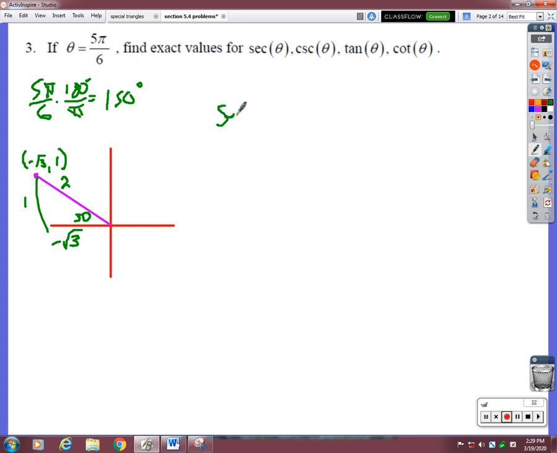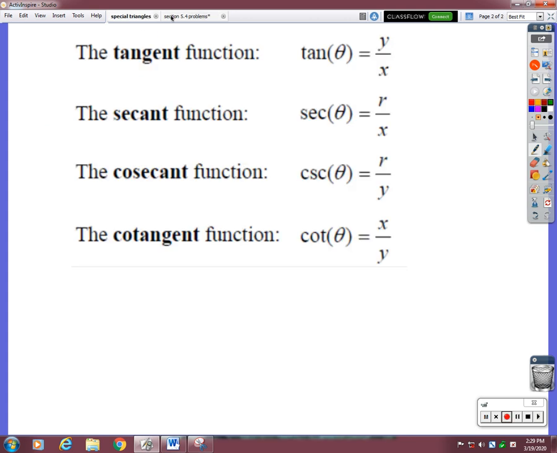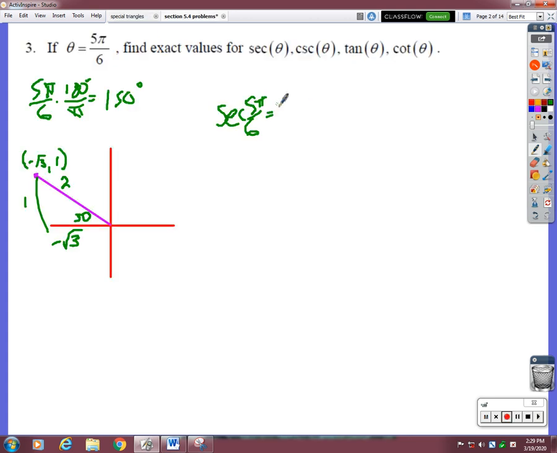Alright, so away we go. Secant 5 pi over 6 is r over x, so that would be 2 over negative square root of 3.